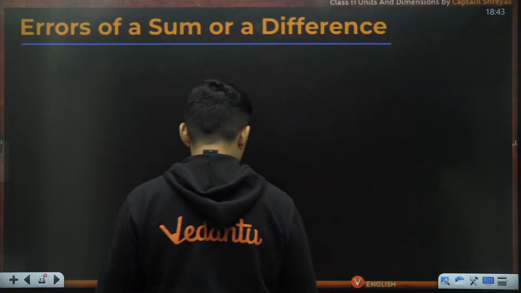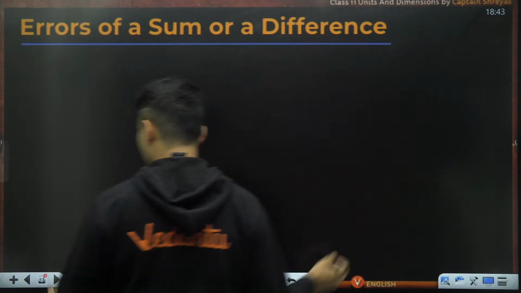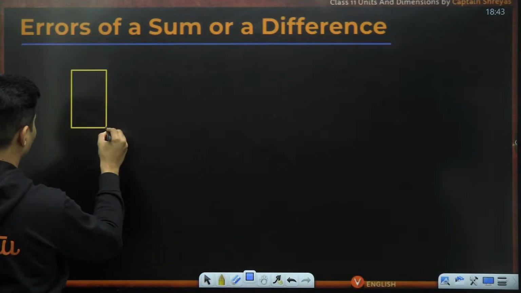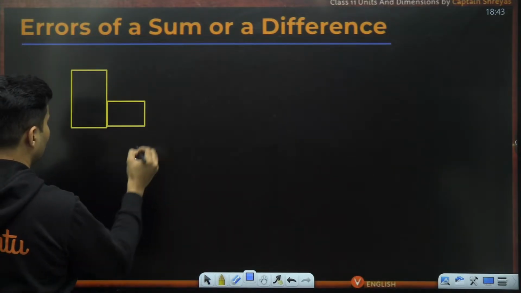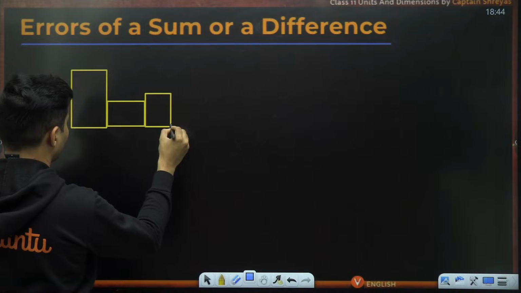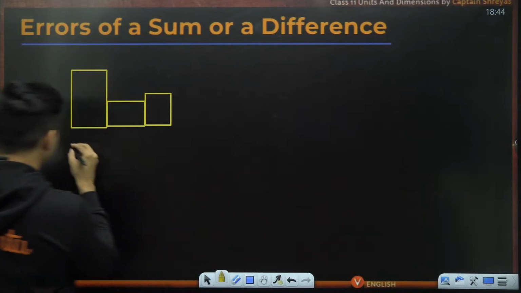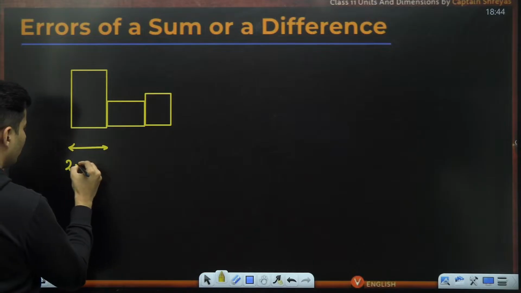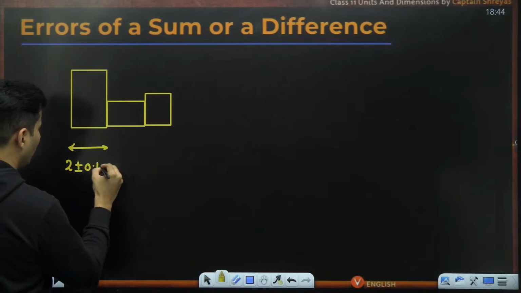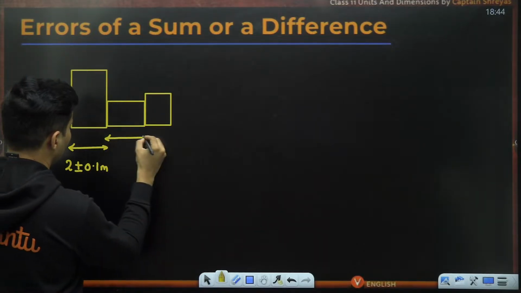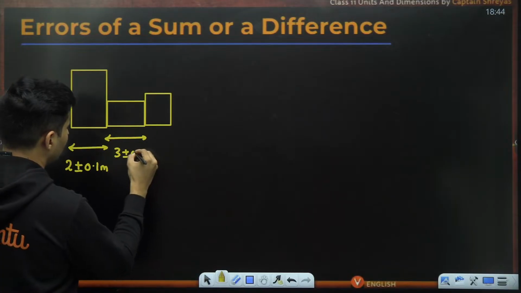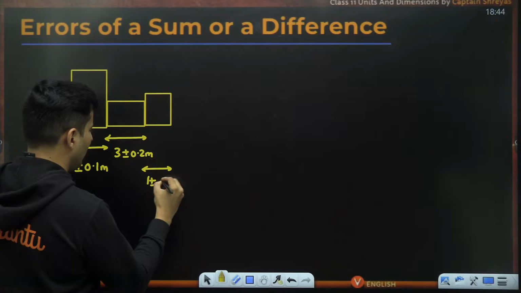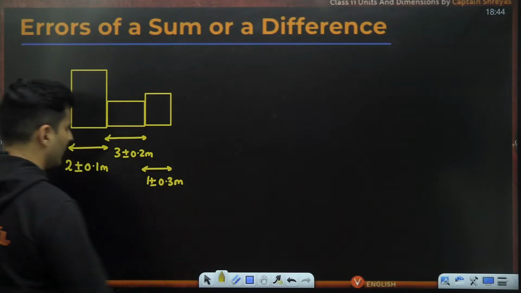I'm placing this almirah here, then this table here, then this desk here. And I say this particular thing is 2 plus minus 0.1 meter, this thing is 3 plus minus 0.2 meter, and this thing is 1 plus minus 0.3 meter.